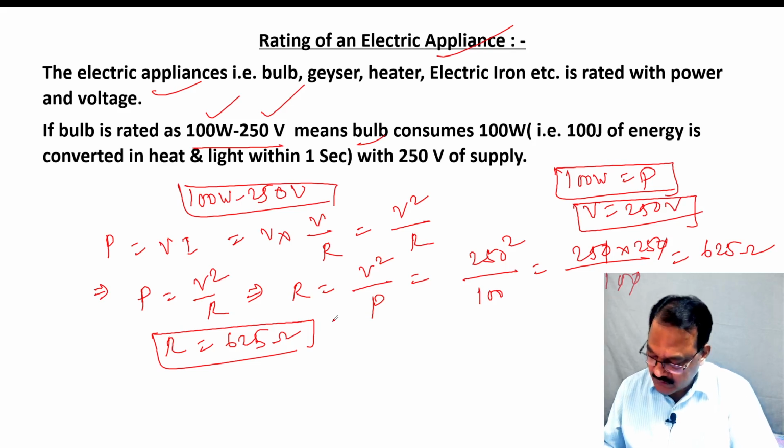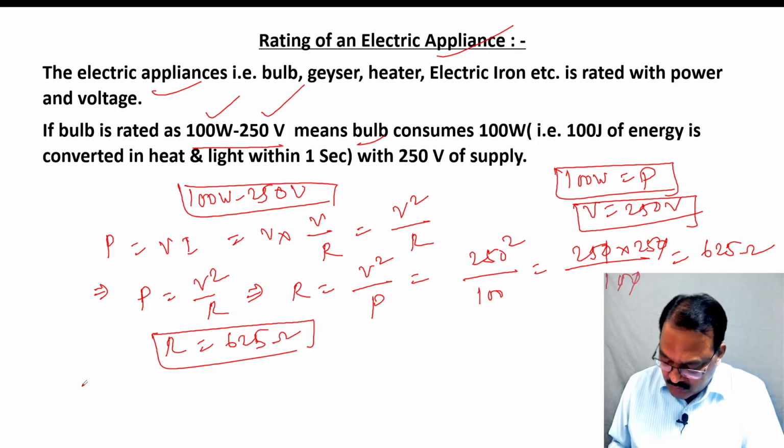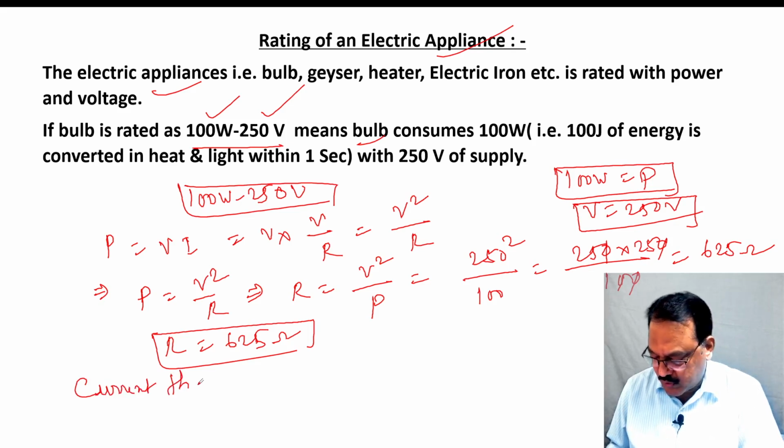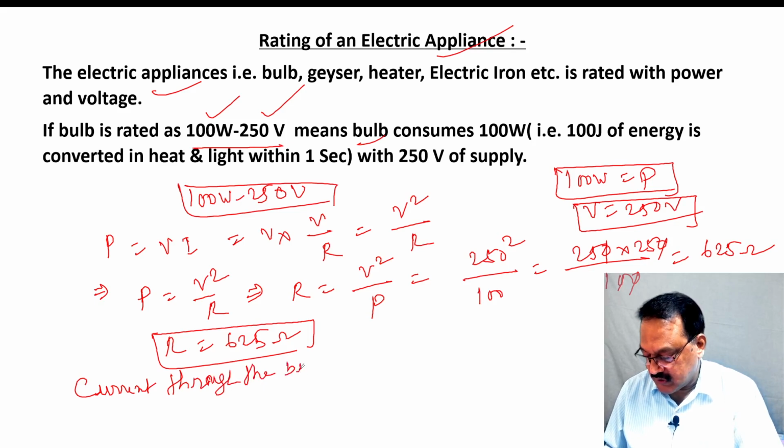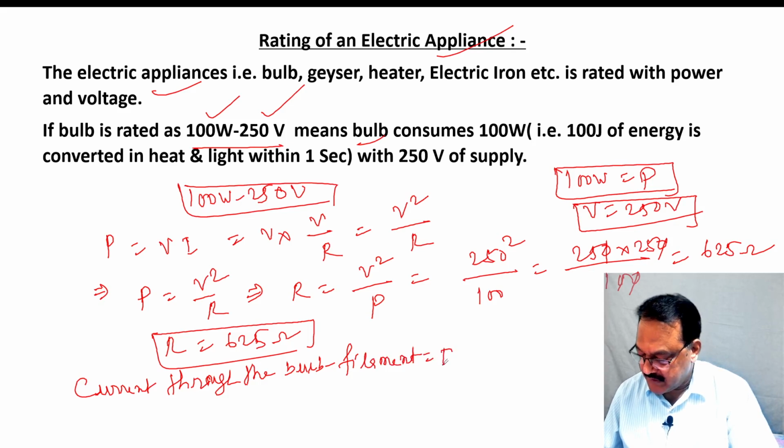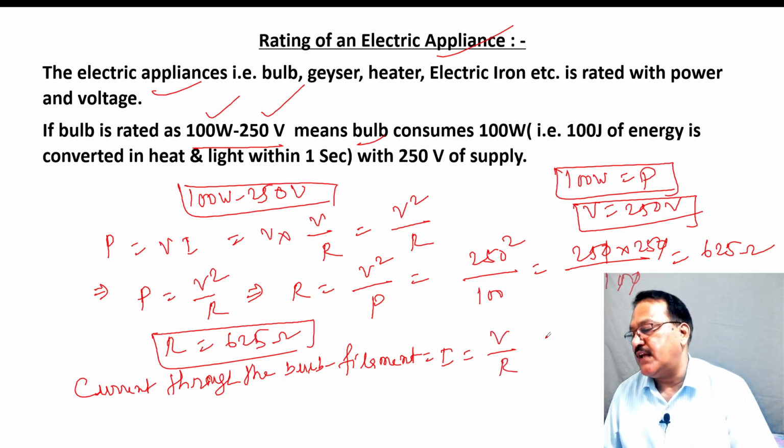So, current through the bulb filament. How to calculate? Current I is V by R as per Ohm's law.